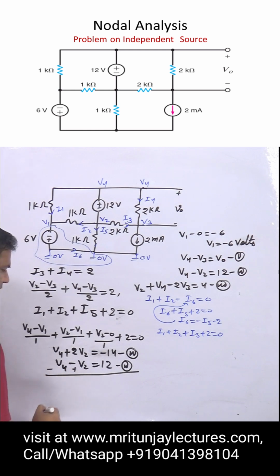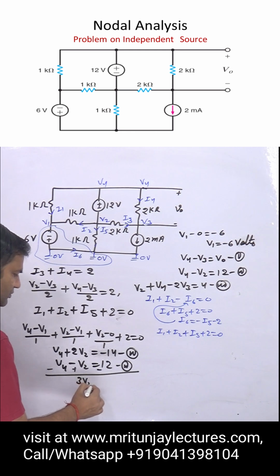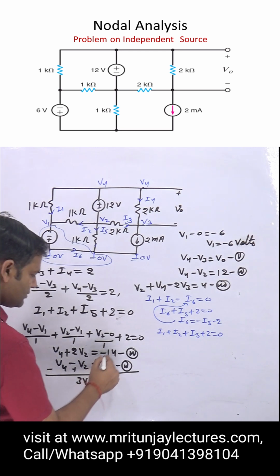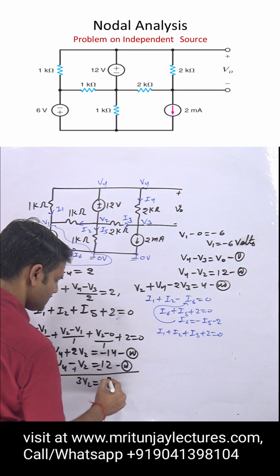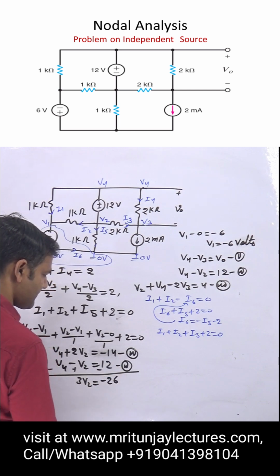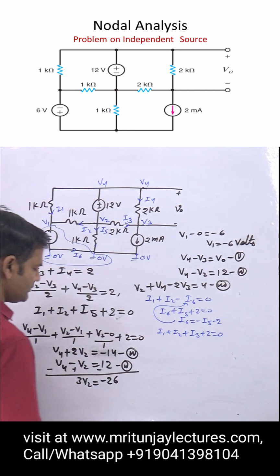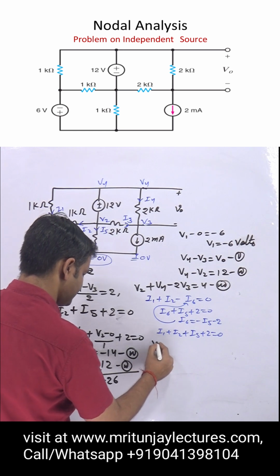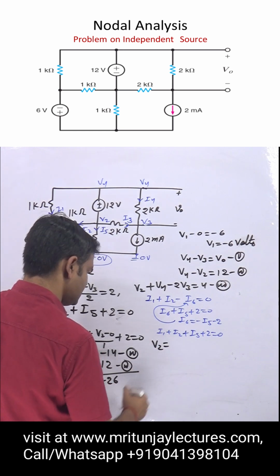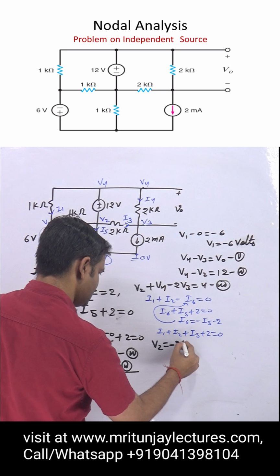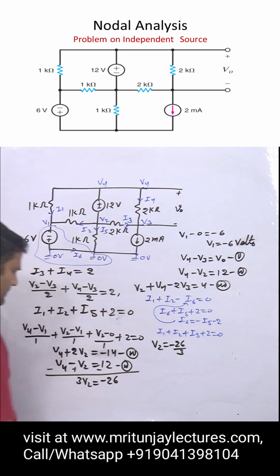Here minus, here plus, here minus. That is 3V2. This will be equal to minus 26. So V2 is written as minus 26 divided by 3. Clear or not? Recheck again.